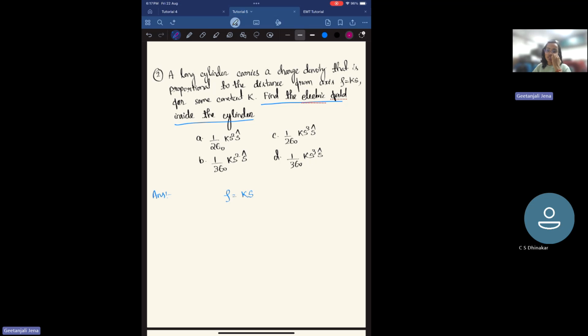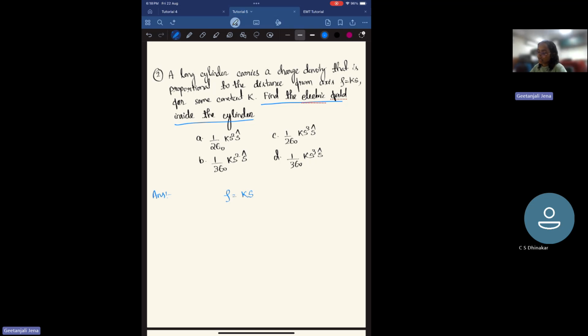Then you can easily find the electric field in different regions of a cylinder or a sphere or a hemisphere, or whatever the system is. Whenever you see a symmetry, you can use Gauss law to find the electric field in short. If there is no symmetry, then you have to follow the usual procedure: take a small area element, length element, or volume element, find the small electric field, then integrate it to find the electric field at the particular region the question is asking about.